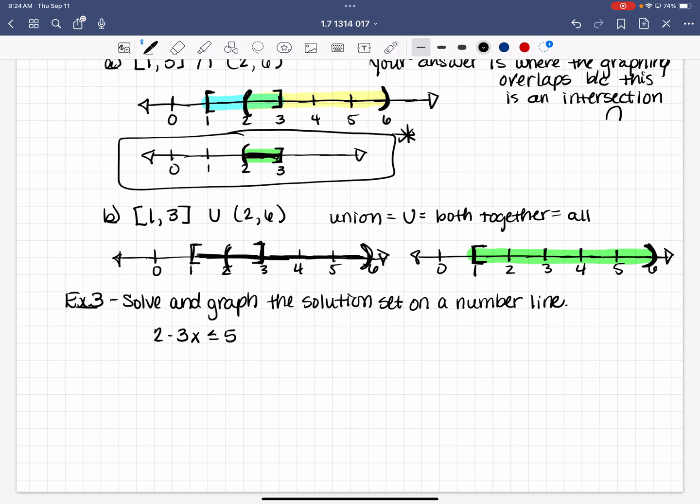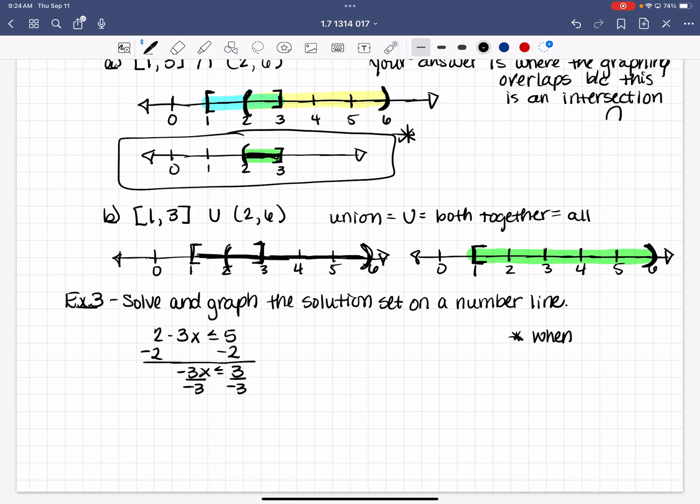So, goal when we solve is to get x by itself, just like it always is. So I'm going to subtract 2 from both sides, just like you've been doing. I got negative 3x is less than or equal to 3. Now I'm going to divide by negative 3. So we're going to write ourselves a little note out here.